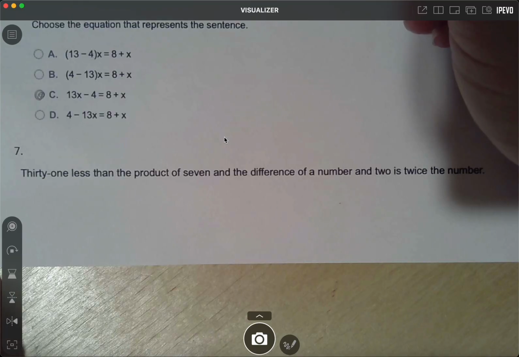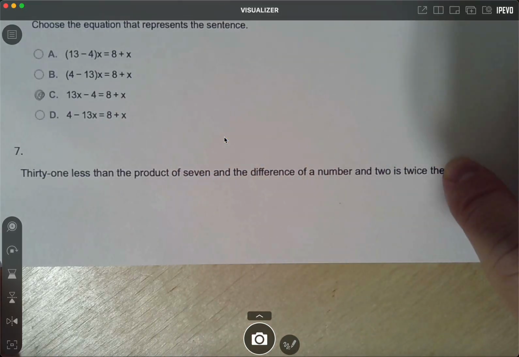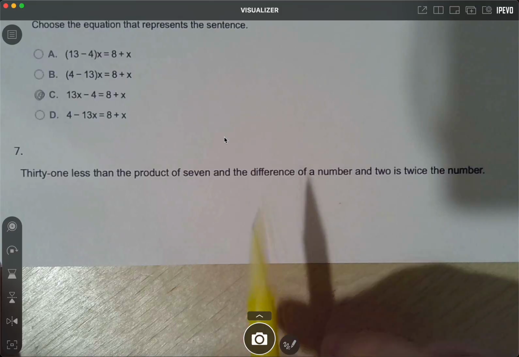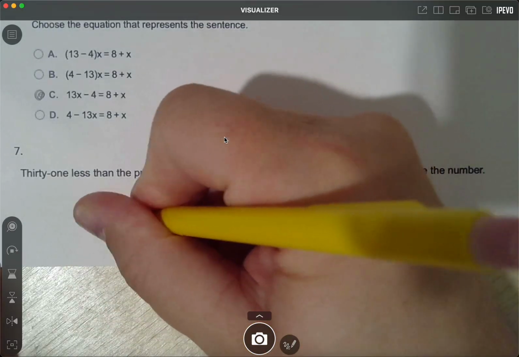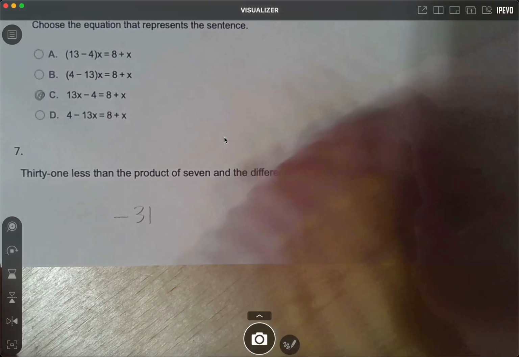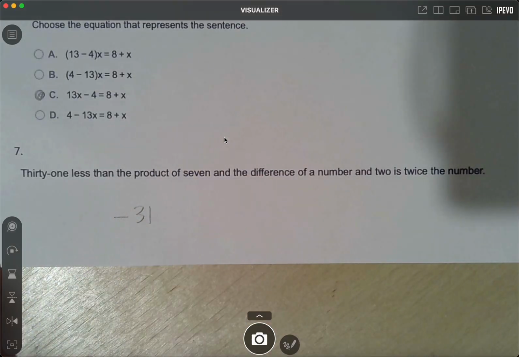So here we go. We have 31 less than the product of, I'm just going to stop right there and say something. So I've got 31 less than some product. What we should be familiar with at this point is that means there's a minus 31. There's something in front and then minus 31 because, again, less than means switch the order.